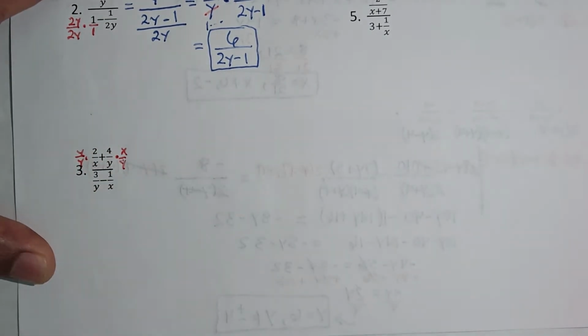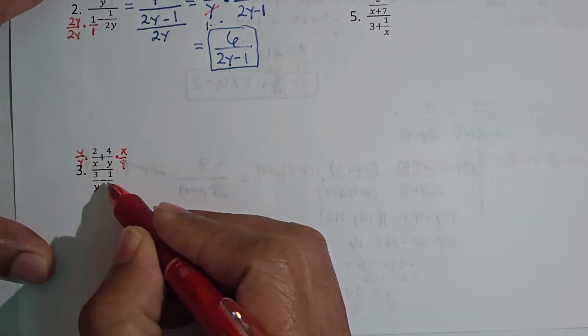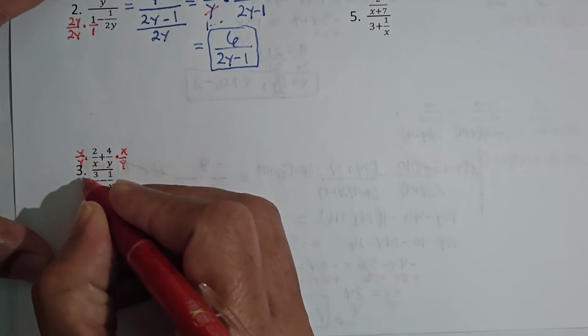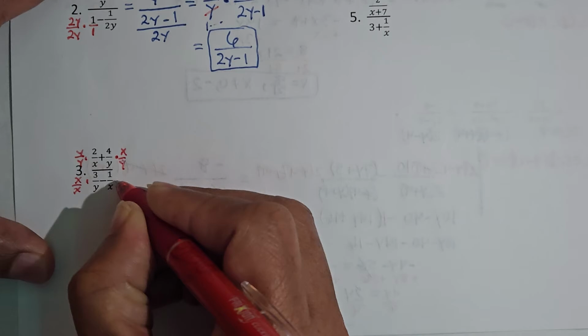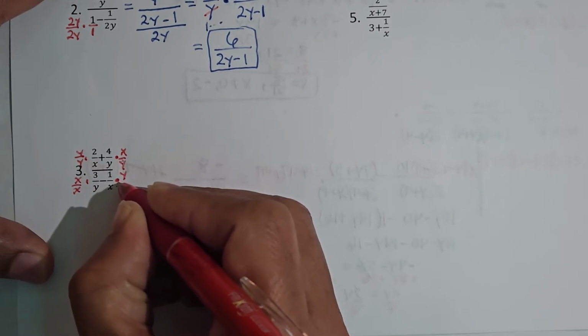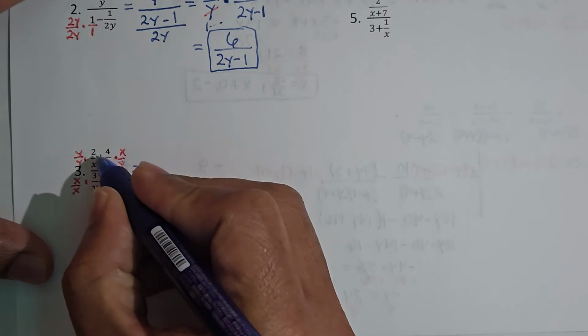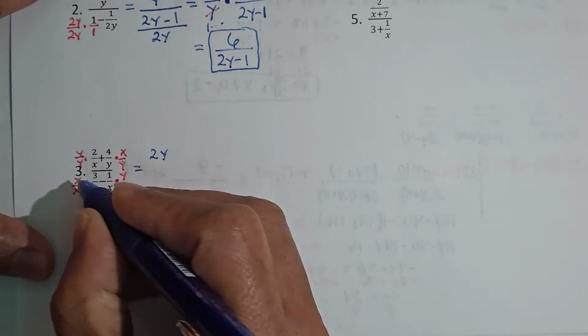Okay, so then the denominator for this one, this bottom fraction, this has y, this is x, which means this one does have the x, so let's multiply by x over x. And this one has the x but doesn't have the y, so let's multiply by y over y. So then once we multiply, we're multiplying 2 times y, which is 2y.